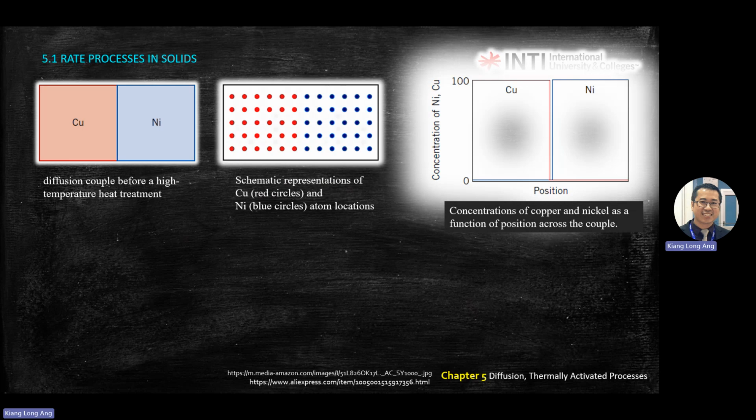What happens if there's diffusion? How should you draw that? You say there's a mix, then how?